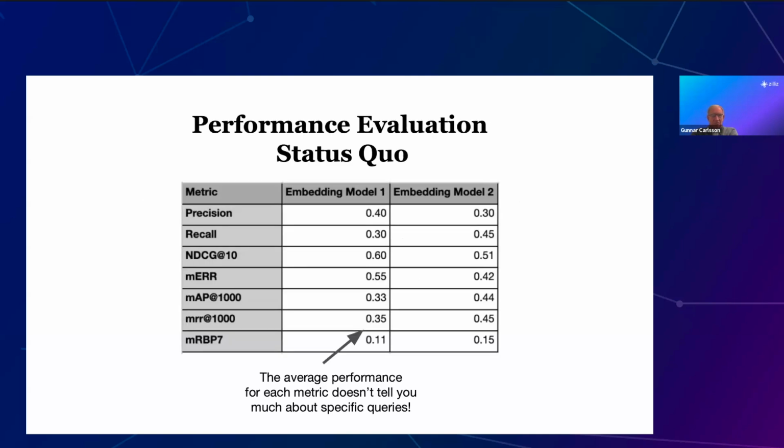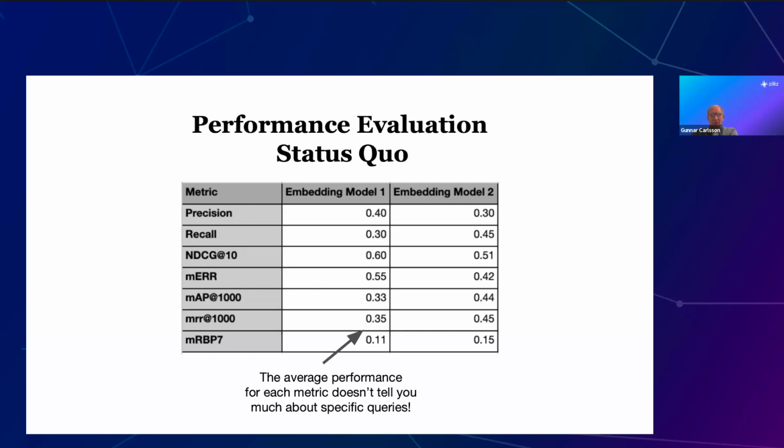In the current status quo, you might end up with a table like this that summarizes, okay, here's an embedding model, for example, embedding model 1 is a column there, and you might summarize some performance scores across an evaluation data set. When you see a table like this, you have to remember that it's not addressing what kinds of queries are performing well or poorly.